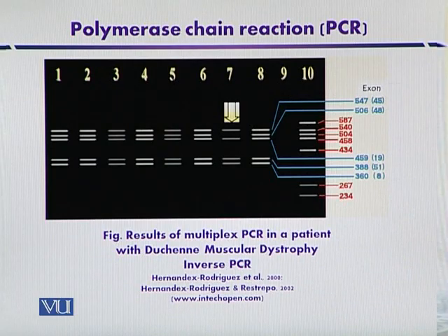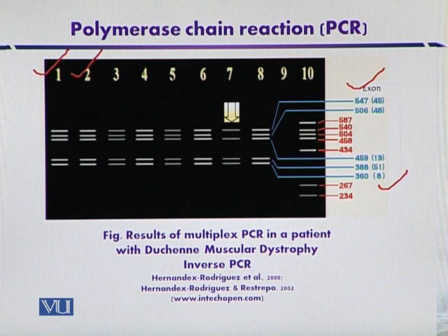That is evident from this slide, where we have different samples like 1, 2, 3, 4, 5 up to 10, and we have targeted different exons like exon 45 to exon 8. This may be one sample from an individual.